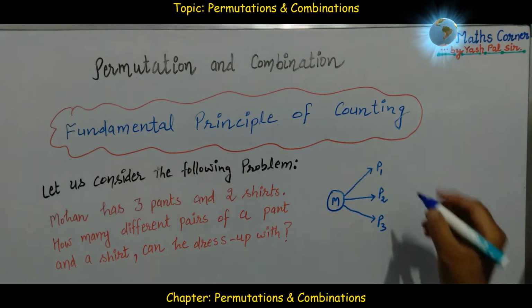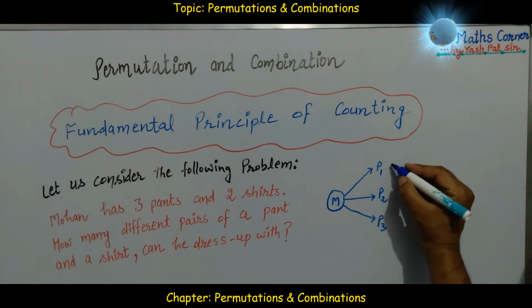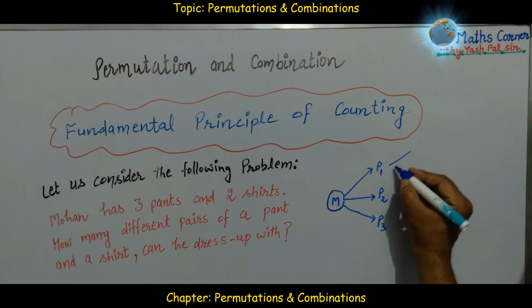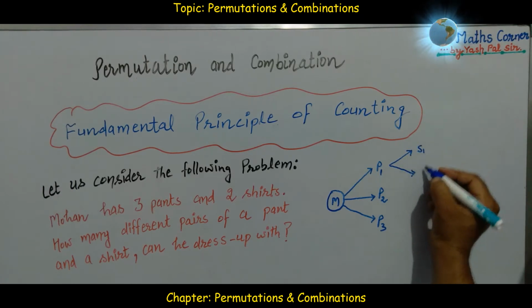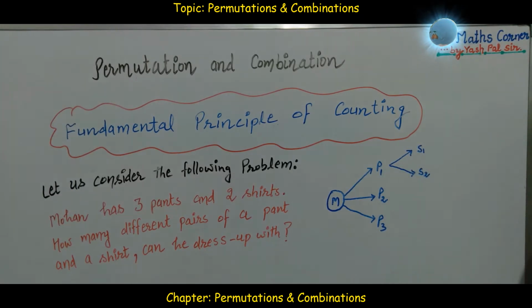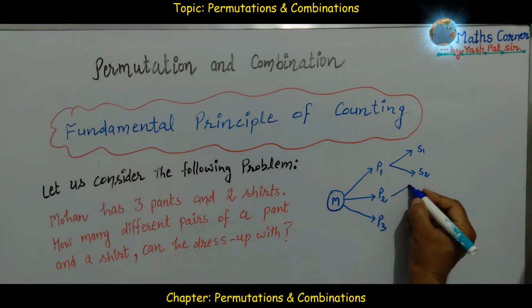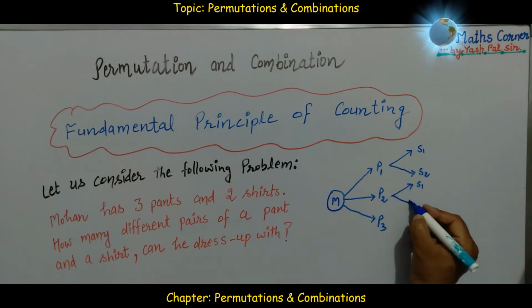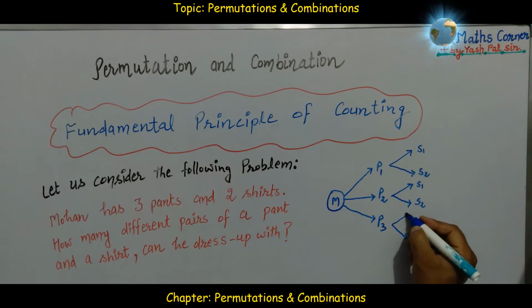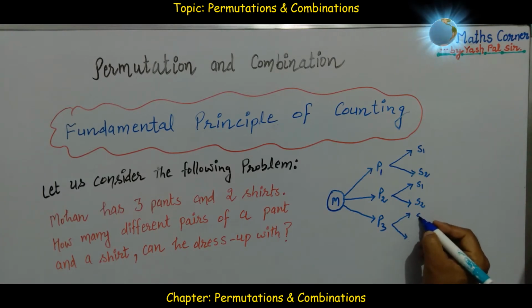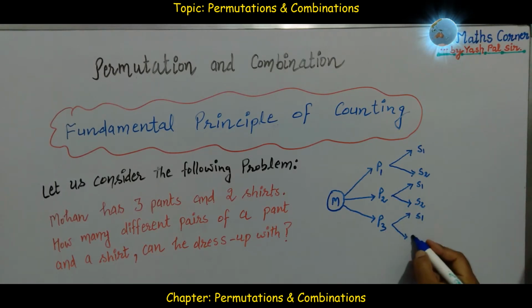Now with pant 1, 2 shirts are there. Either he can use shirt 1 or shirt 2. Similarly, with pant 2, he can have the pairs with shirt 1 or shirt 2. Likewise with pant 3, the first pair is P3S1, the second pair is P3S2.